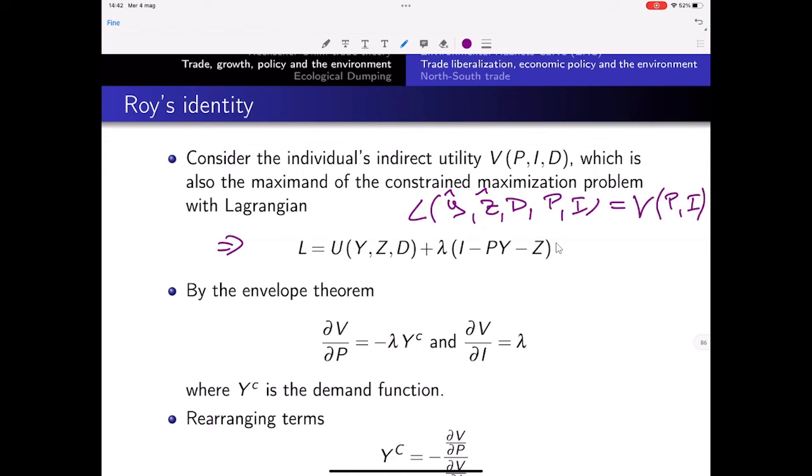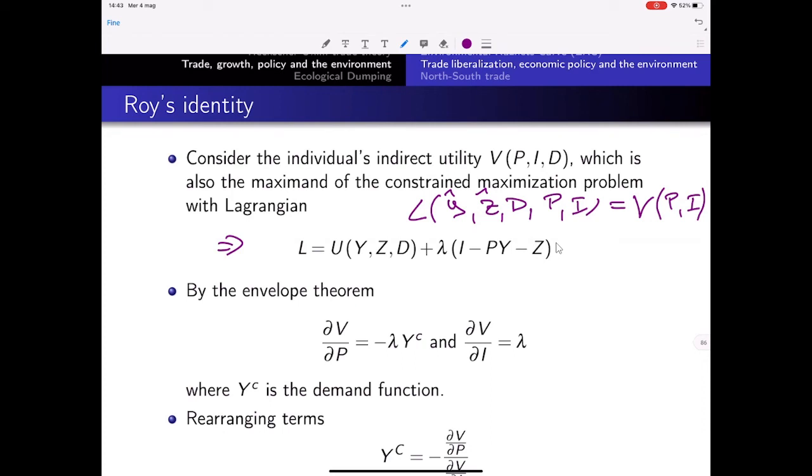So the Lagrangian at the maximum is the indirect utility.